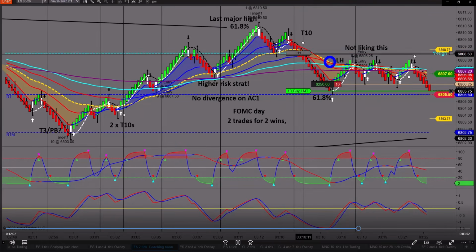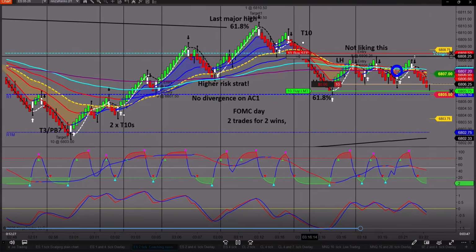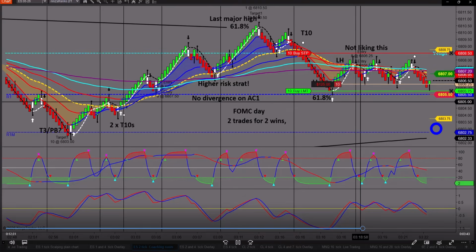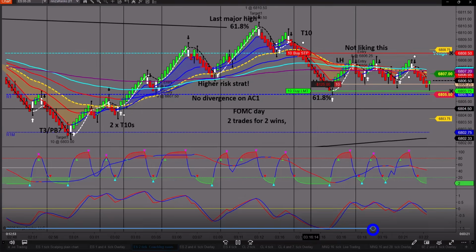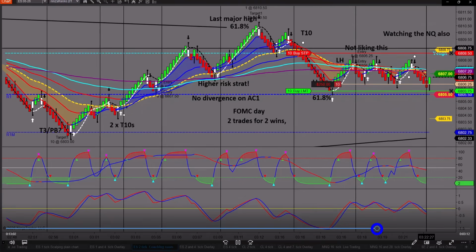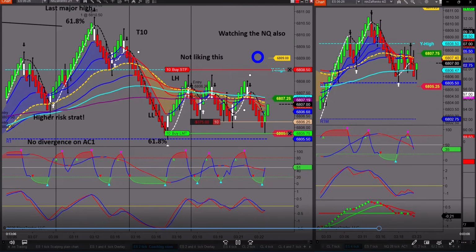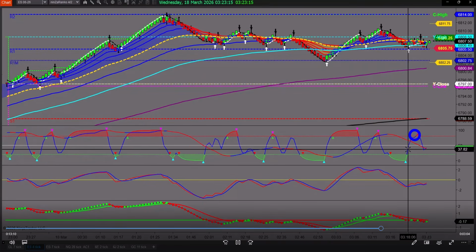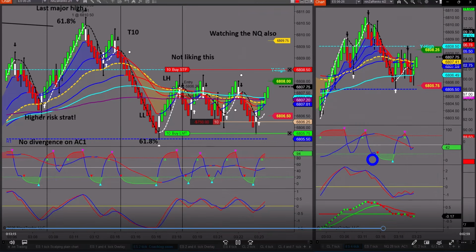Now just note here that I'm actually getting a bit of a trend here, that is, my EMAs are starting to head down. So here I'm just after a couple of ticks now. I'm thinking if I can get out of this, I'll be happy. Now just there where I've got the comment, watching the NQ also, now that's the ES there, by the way, is that sometimes the NQ will take off before the ES.